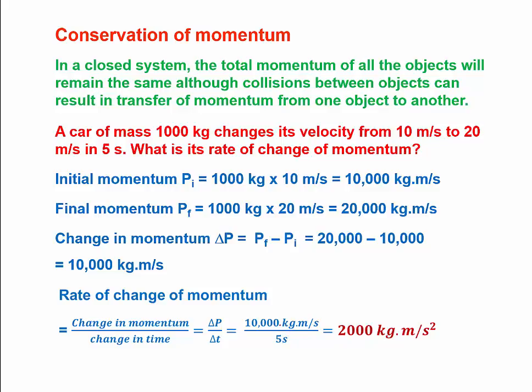So the unit for the rate of change of momentum is kilogram meter per second divided by second, which is kilogram meter per second squared. We will come across this unit another place, and I'm going to ask you this. So, rate of change of momentum is measured in kilogram meter per second squared.